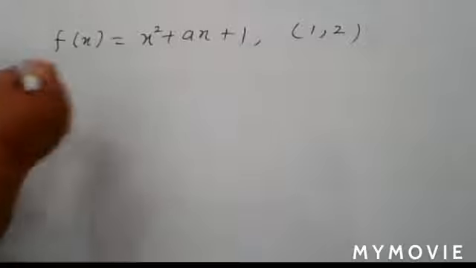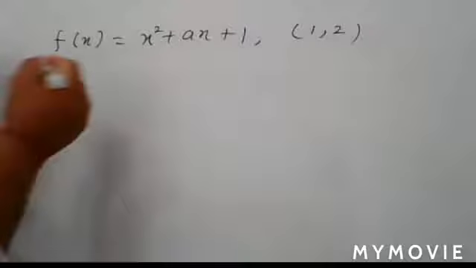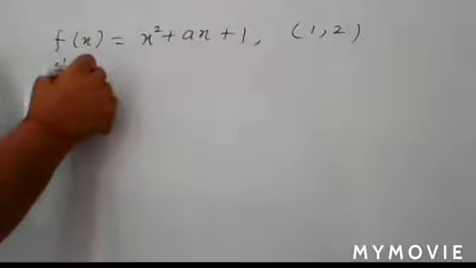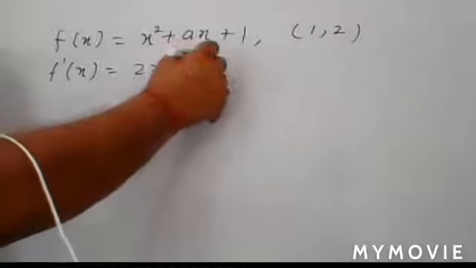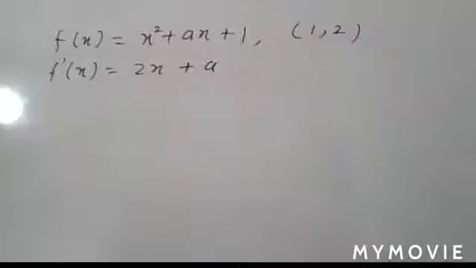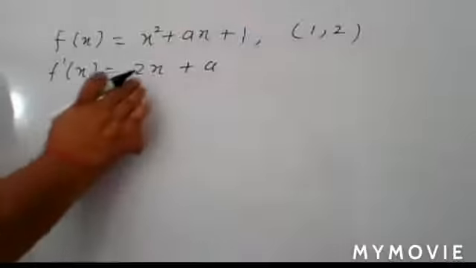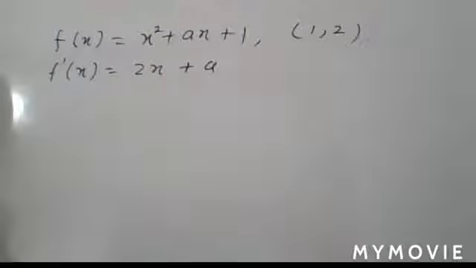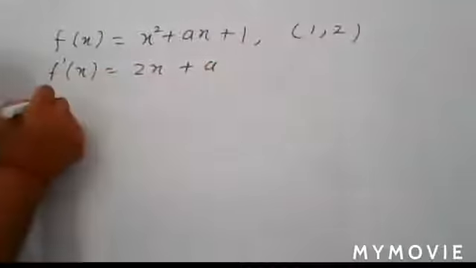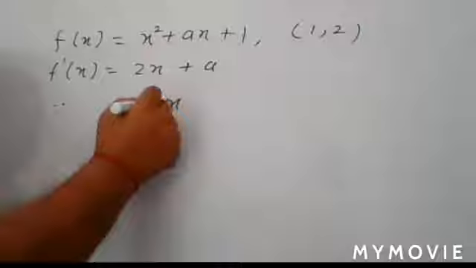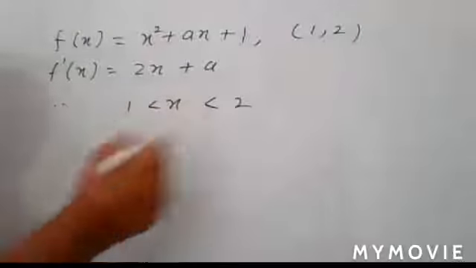So what you do, first you differentiate it. F dash x is equal to 2x plus A. Understand? And you have to find the least value of A for which it is strictly increasing. Here you have given x is greater than 1 and less than 2.